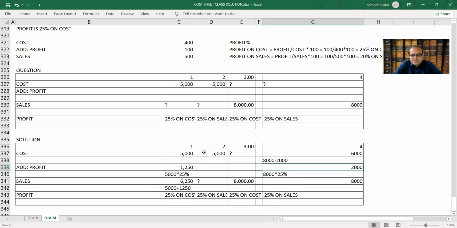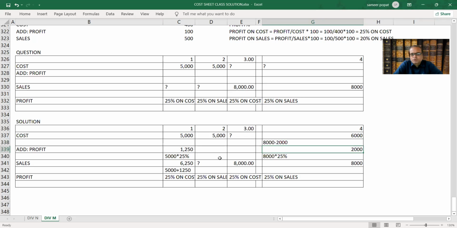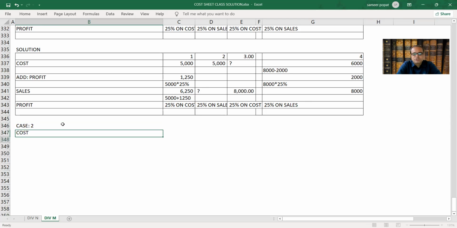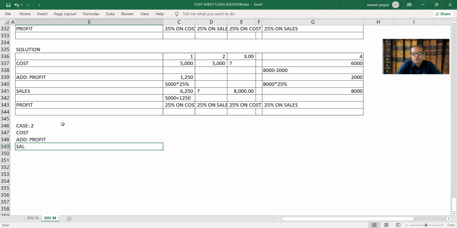Okay. Now, in the second case, you're given a cost of 5,000. Profit is 25% on sales. So can we apply this 25% on 5,000? No, sir. So in case number 2, we need to do the reverse work as we have done in the previous sum. Cost plus profit equals sales.